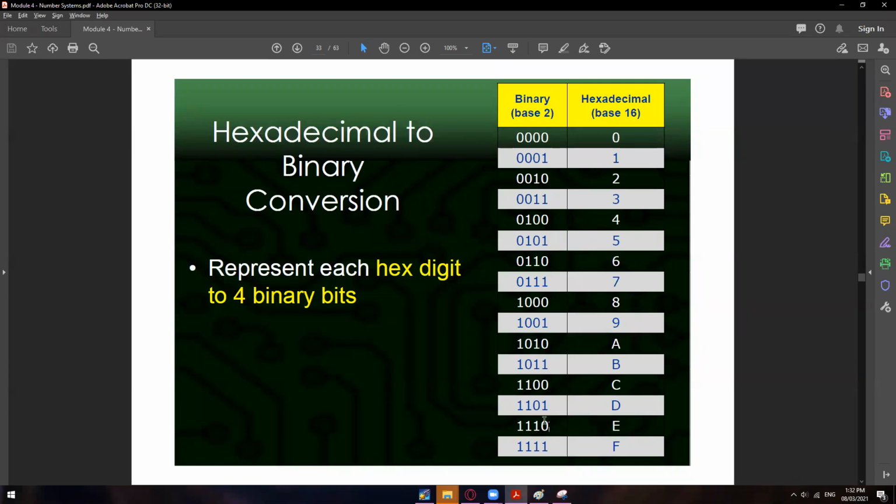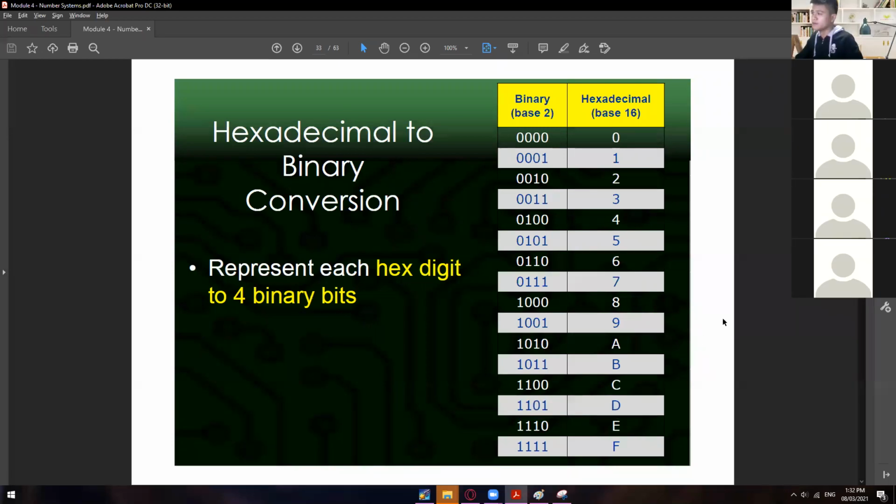As long as you know that the lowest bit is 1, the second is 2, the next one is 4, and the next one is 8, then you're good to go. You'll be able to know the equivalent value of that. So, are we clear so far, or are you confused?